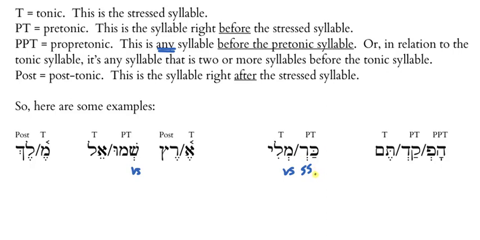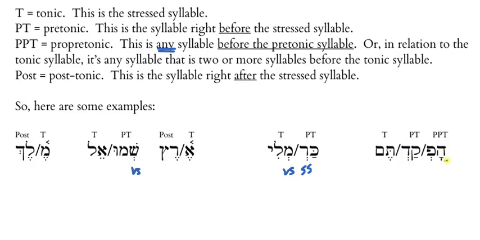You always divide silent shivas to the left, and you always divide vocal shivas to the right. And we've just done that. Kar, and then mali. Where's the tone? It's on the final syllable. That's where we expect it to be. There's no accent mark over here to tell us to do otherwise. Tonic, and right before it, pretonic.